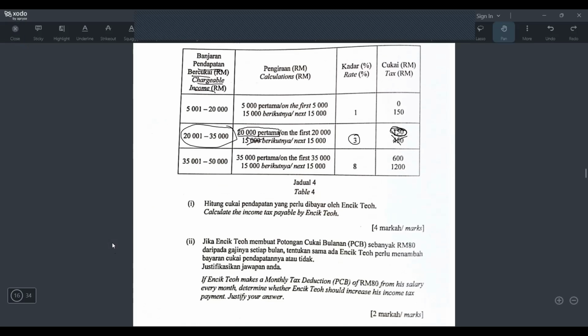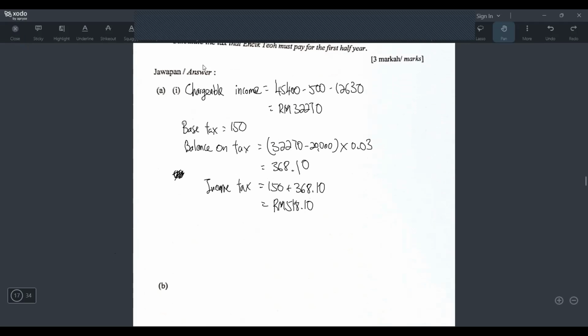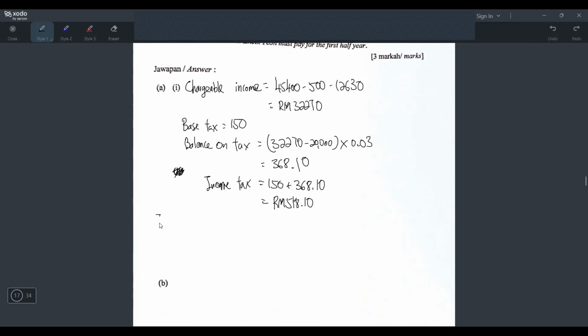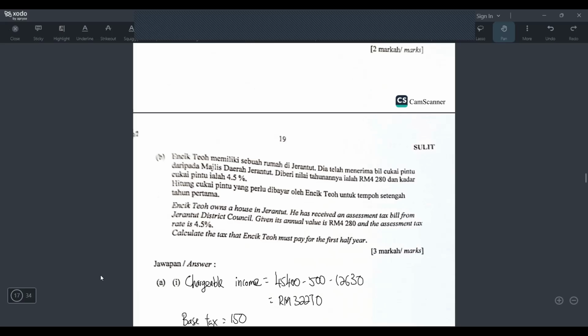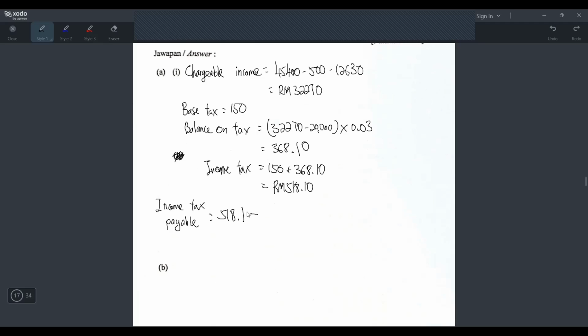So what do you write here? You still have to minus rebate. So what you have to write here? Income tax payable, in Bahasa Melayu, cukai yang perlu dibayar. So what you do is you take 518.10 and the final step is to minus the rebate. So this guy does not have zakat. In the whole question there is no mention of zakat, so definitely no zakat.